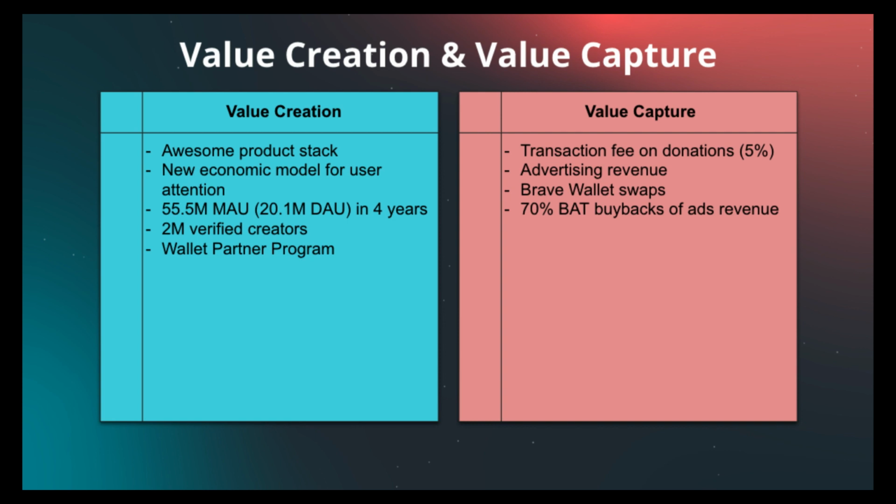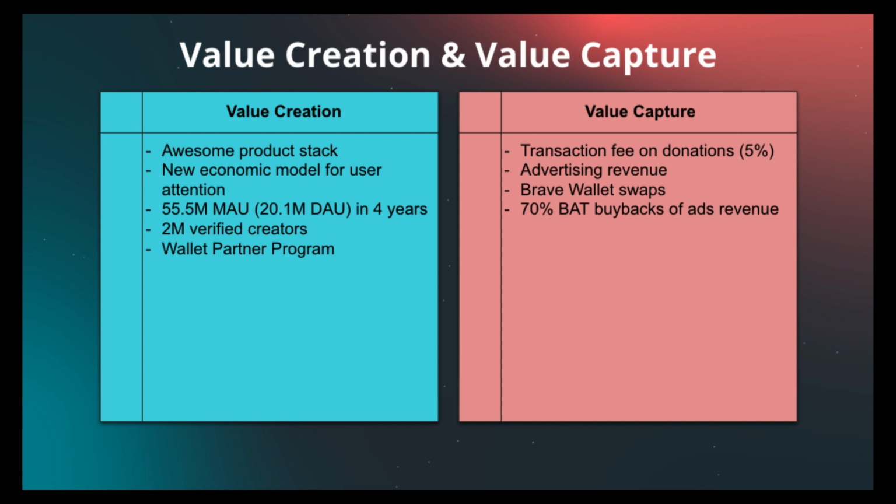And now for the value capture, they have the transaction fee on donations, which is 5%. Their advertising revenue is the biggest source of revenue. They also charge some fees on Brave Wallet swaps.